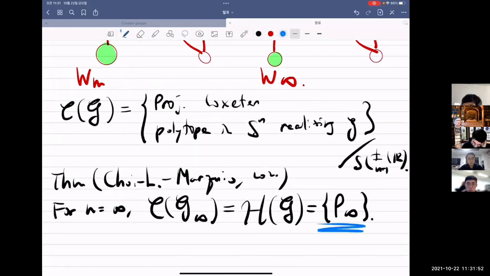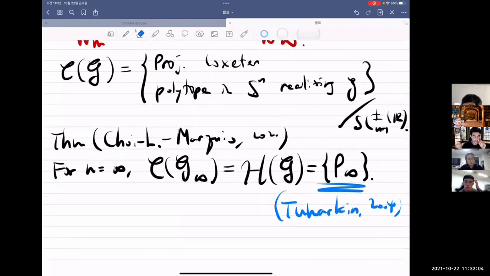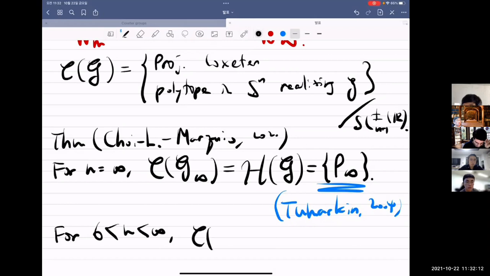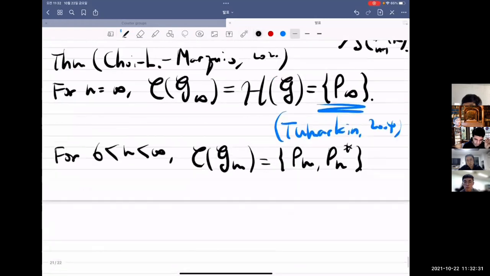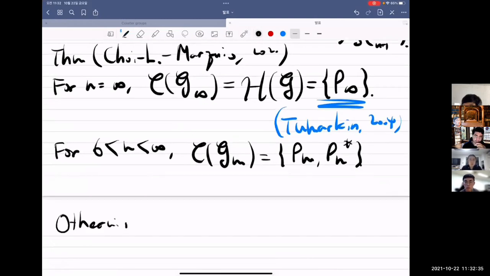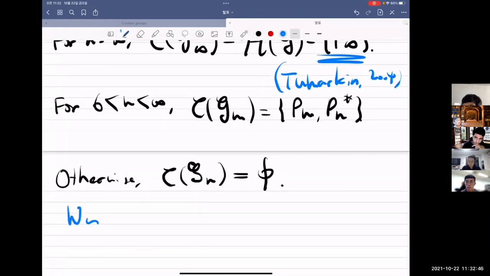In fact, this part is by Marquis, 2004. Similarly, when M is between 6 and infinity, C_{G_M} has P_M or P_M star, so there are two projective Coxeter polytopes realizing G_M. Otherwise, C_{G_M} is empty.